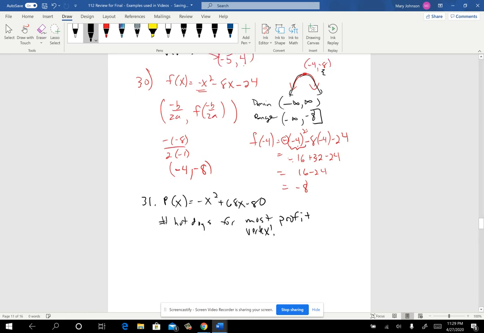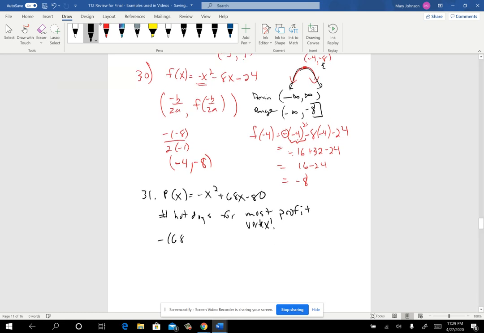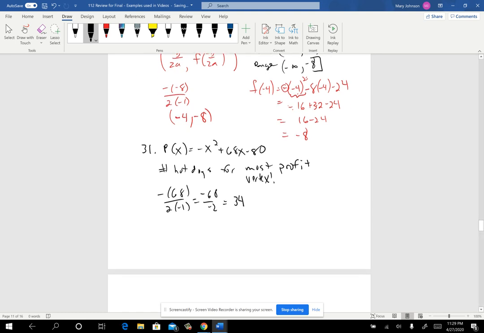I need the vertex. So I'm going to do negative b over 2 times the a. Negative 68 over negative 2, that's positive 34. If I needed the y, I could find it, but this is the x coordinate of the vertex. What I'm looking at is something like this: I have the number of hot dogs here, and this is going to be the profit in dollars.